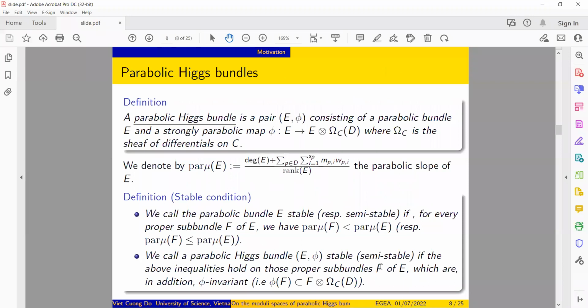Okay, so we have something like we mentioned before in the second slide about the Higgs bundle.